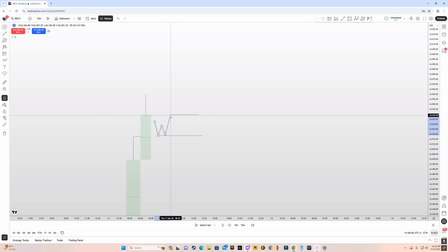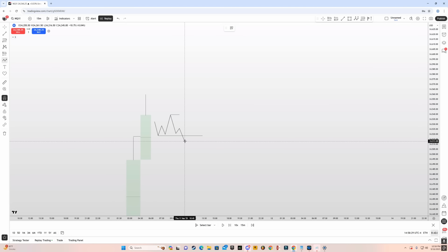Okay, so that is the opening price. We have sell side liquidity. Our bias is bullish. So now what we have is accumulation, and then we wait for manipulation like that. So we took out sell side, our bias is bullish, and then on the 15-minute time frame, we look for our entry pattern.